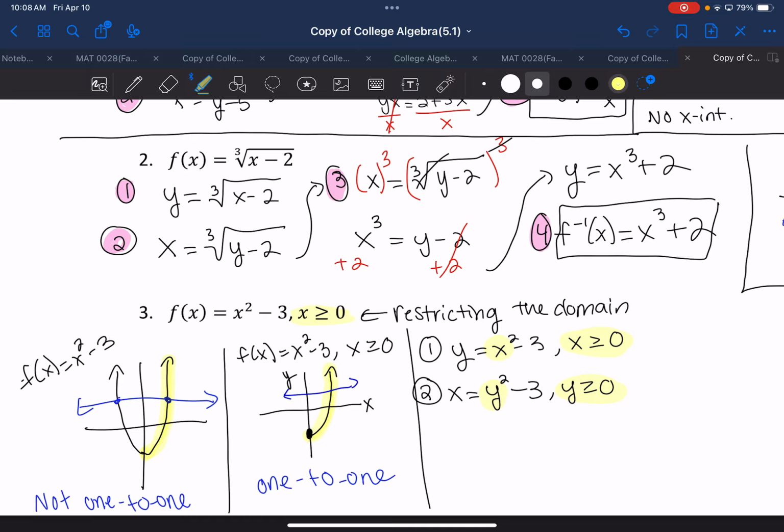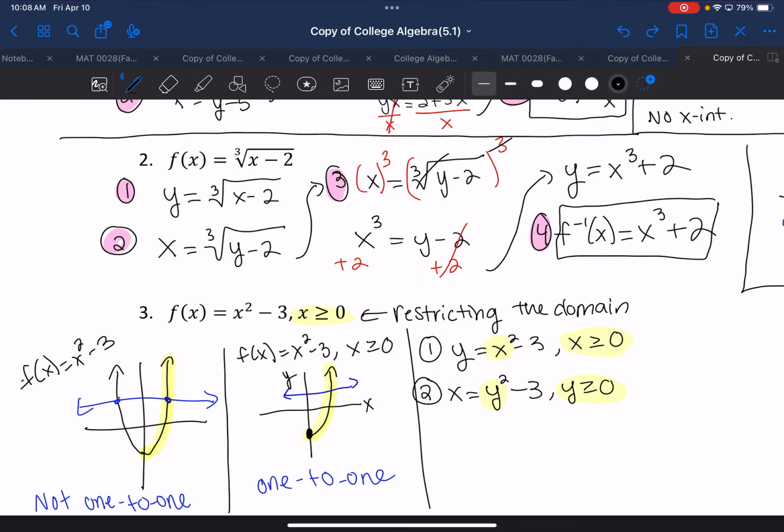So if I interchange those variables, the x and the y, I also need to interchange the variables in the restriction for the domain. So now I will have a restriction on y that has to be greater than or equal to 0. This will be important when I solve this. But let's continue. So now step 3.